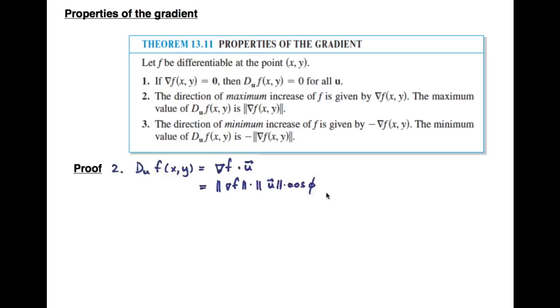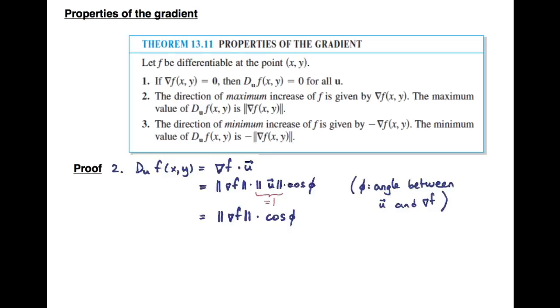It's the magnitude of del f times the magnitude of u times cosine phi, where phi is the angle between u and del f. Now remember what we said in the first part, u is a unit vector and therefore the magnitude of u is 1. That brings this expression to the magnitude of del f times cosine phi.